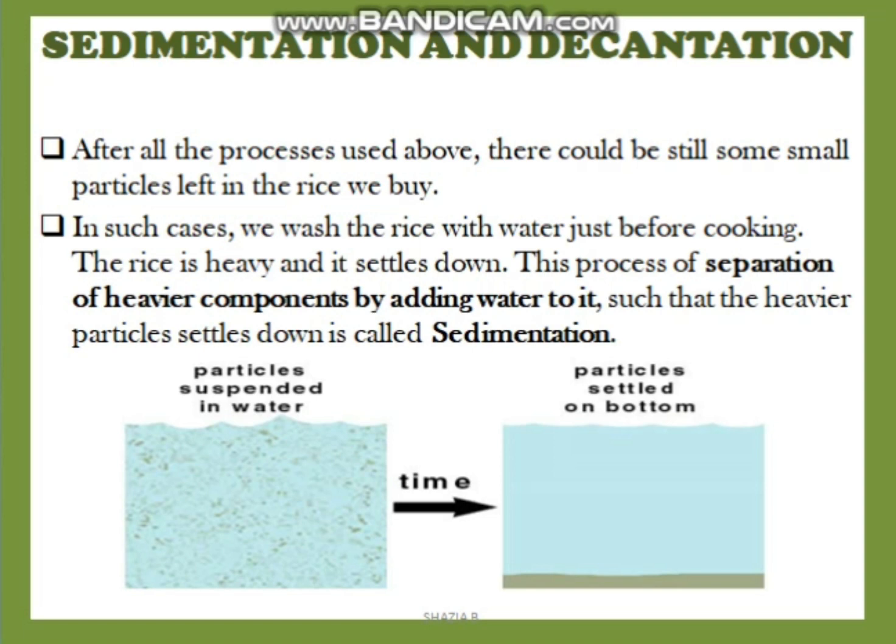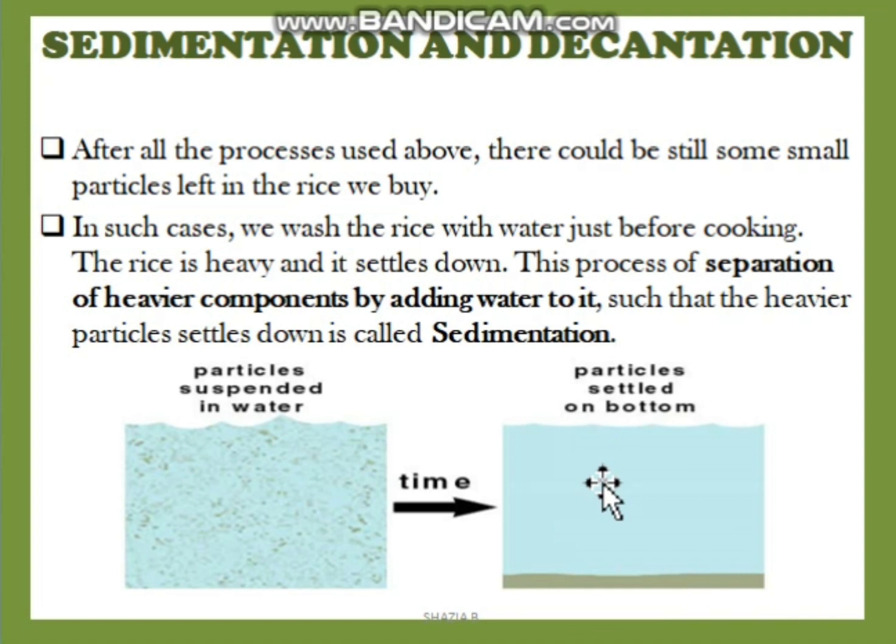Okay, so as we can see here in the picture, the sand particles and water are being stirred well. The dark color shows the sand particles. If we leave it undisturbed for some time, all the sand particles get settled down at the bottom and the clear water is obtained at the top.